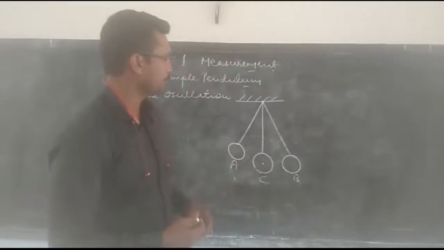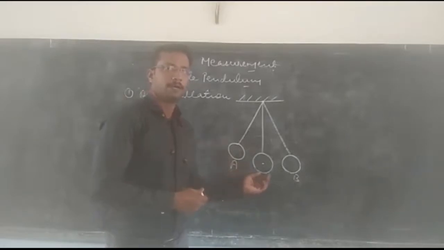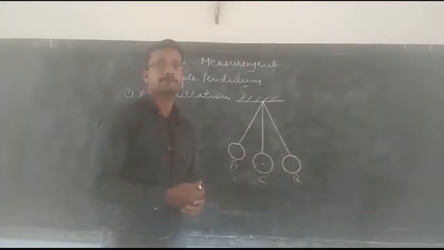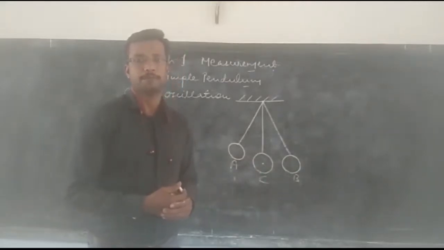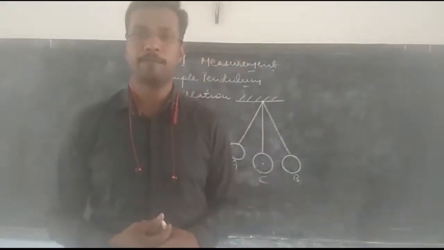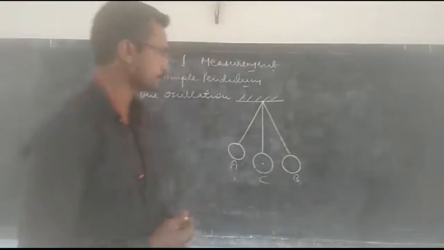That is, if a pendulum starts moving from point A, then it should come back to point A after reaching point B. So this kind of a complete movement made by the pendulum is called one complete oscillation.